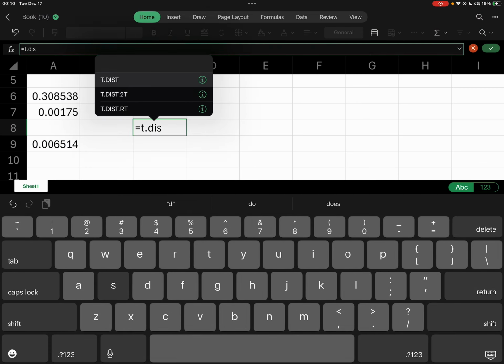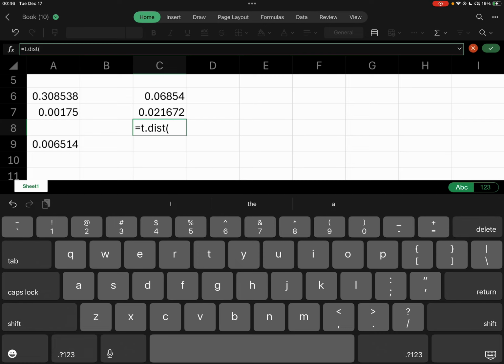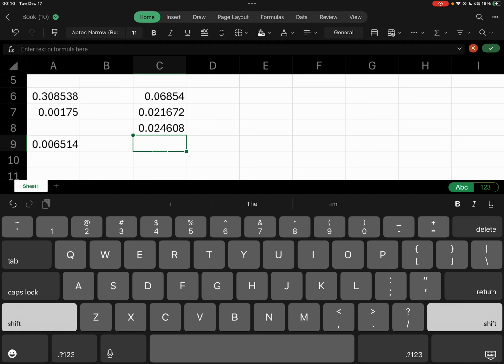Equals t.dist negative 2.101, comma 19, comma true. 0.0246.